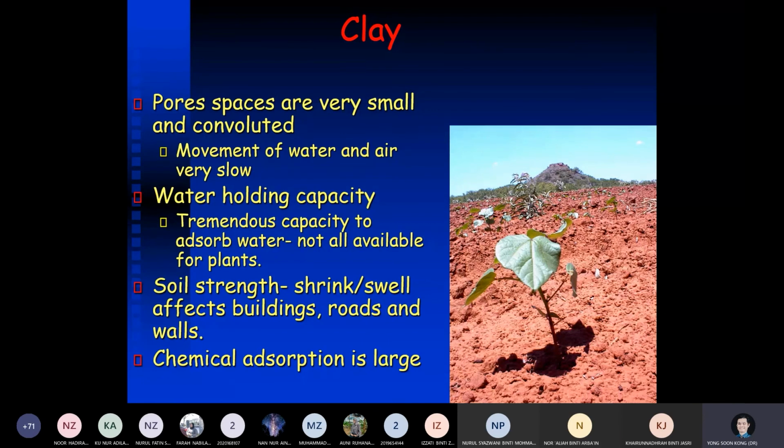But I would say large chemical absorption is actually a good thing if you want to use clay for remediating or reducing pollution. Because they absorb a lot, if you put it in a contaminated area, most likely this clay is going to absorb the pollutant.